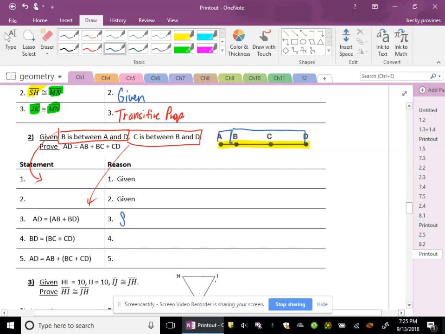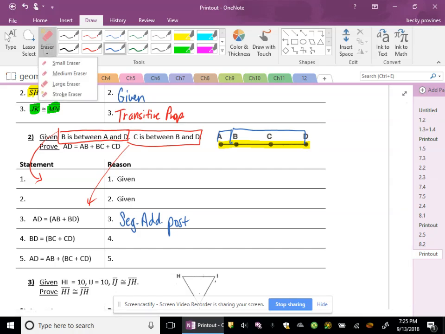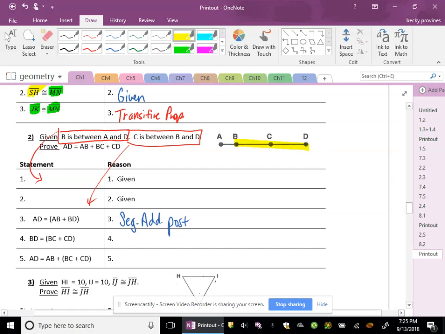This is segment addition postulate. Now let's try it again. If I have B to D, is it made of BC and CD? Little segment plus little segment equals big segment? Sure is. So this is segment addition postulate.